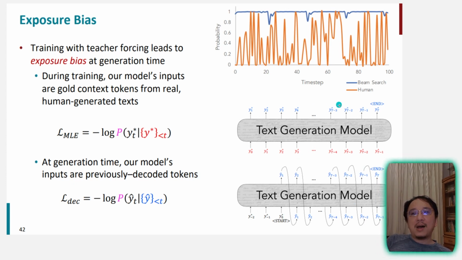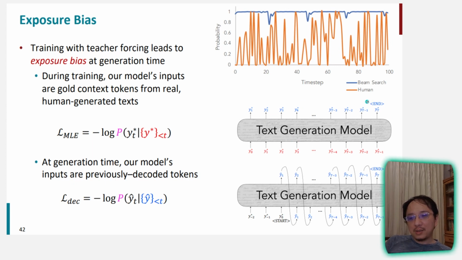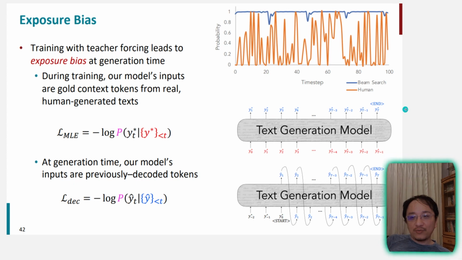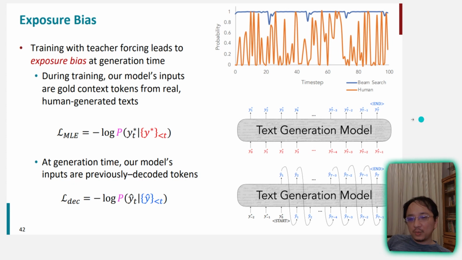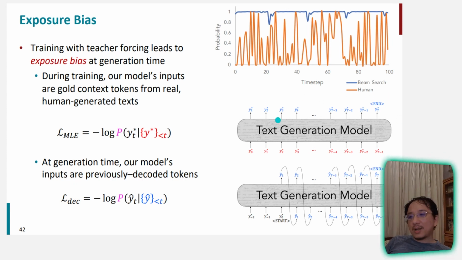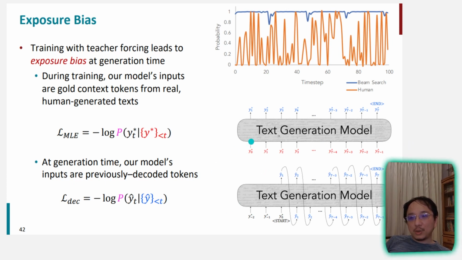Because if we do so, we don't know how to calculate the loss function: if this one is not in the training data set, we don't have the correct output. We don't know what the correct output is. On the other hand, obviously at inference time, we cannot do the same as the training because we don't have the ground truth.